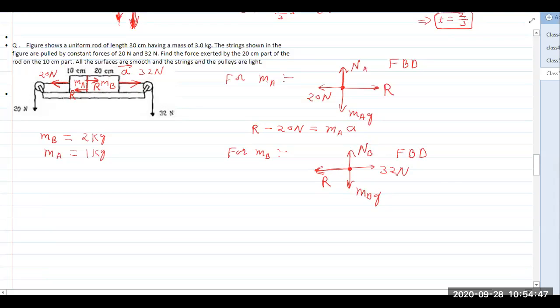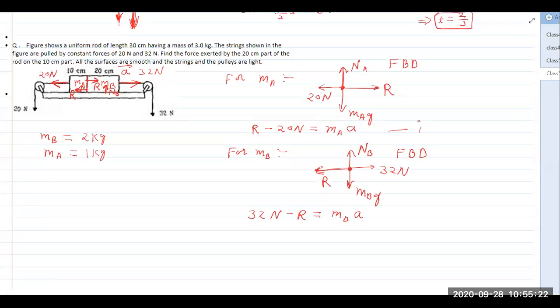Along vertical, no need to write any equation because the system is balanced. Along horizontal, we write 32 Newton minus R equals MB A.